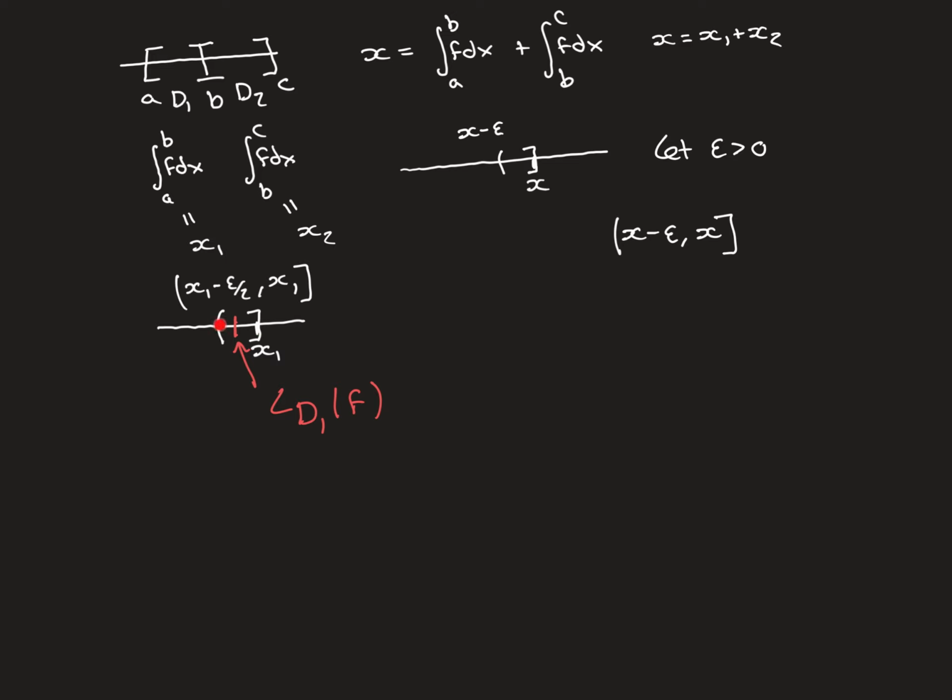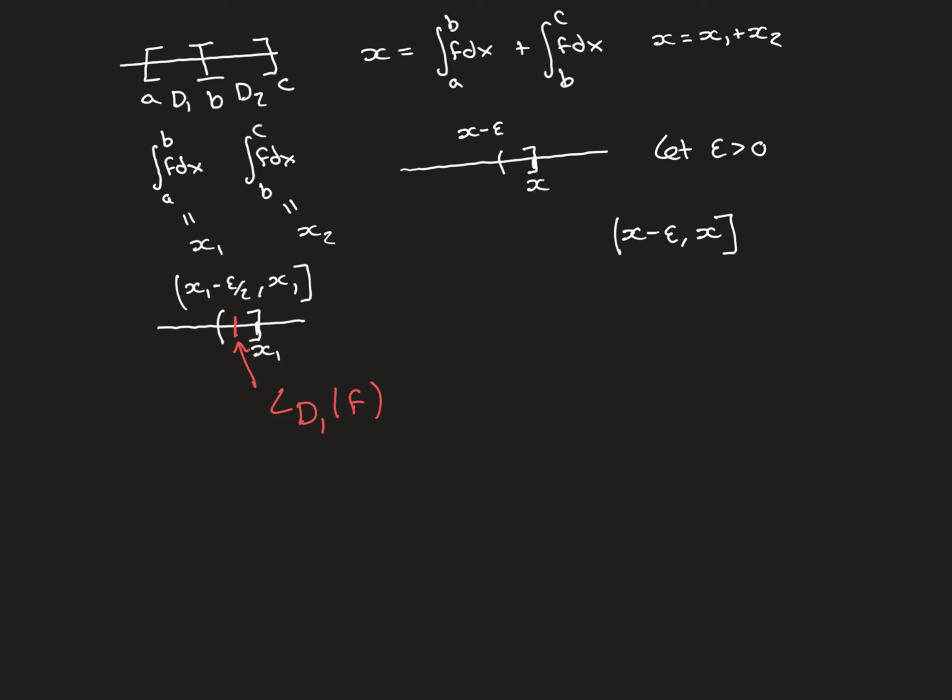Now why is it true that I can always find one that is strictly greater than x1 minus epsilon over 2? Because if I couldn't, then x1 minus epsilon over 2 would be an upper bound for the lower Riemann sums. If there was not one that was strictly greater than it, then they would all be less than or equal to it, and hence it would satisfy the definition of an upper bound. But that would be in contradiction to x1 being the least upper bound, because this one is less than x1 and it would be an upper bound, so it would be a better candidate for the least upper bound.